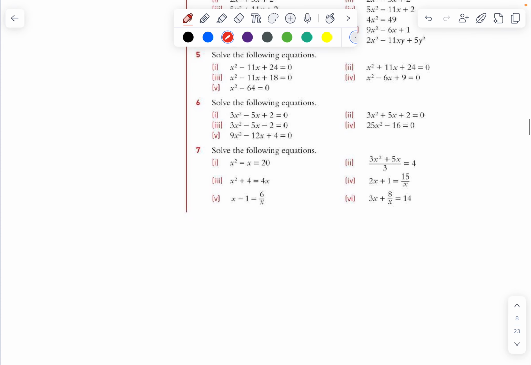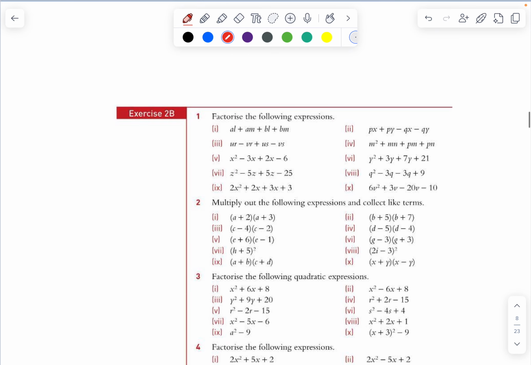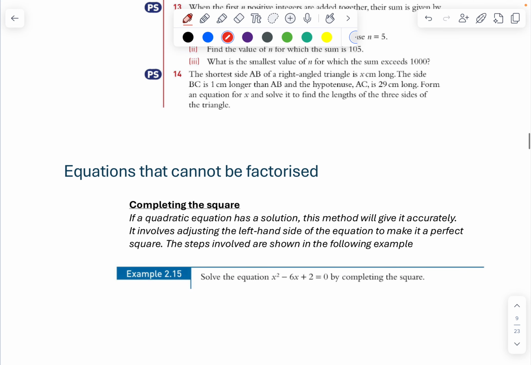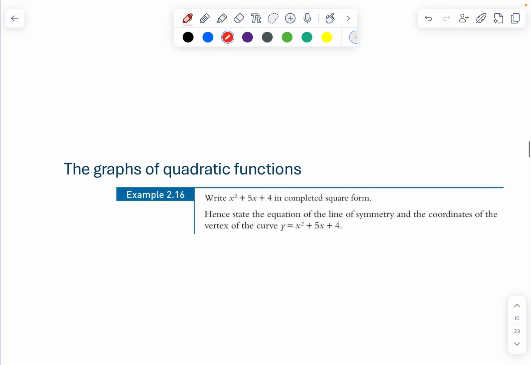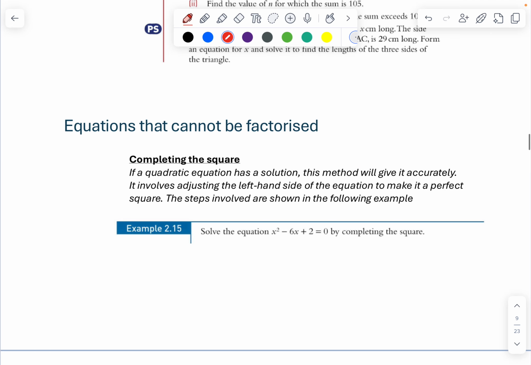You have a PDF, so you can look at the back there. There are answers as well. You'll see that this Activity 2B has answers at the back. Okay, so now I must stop the video here, and then we'll talk about completing the square.